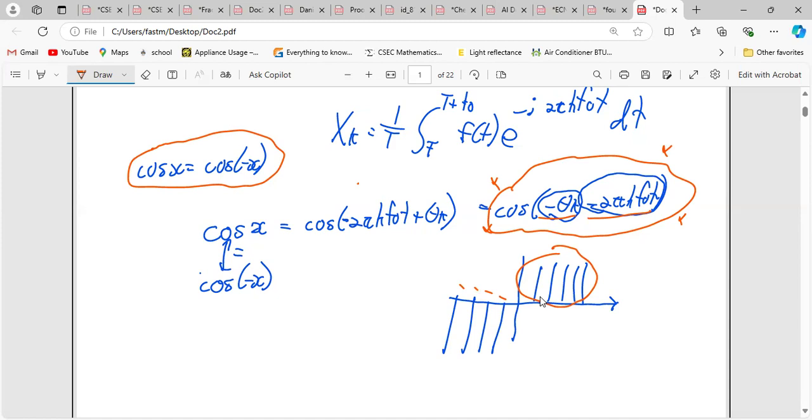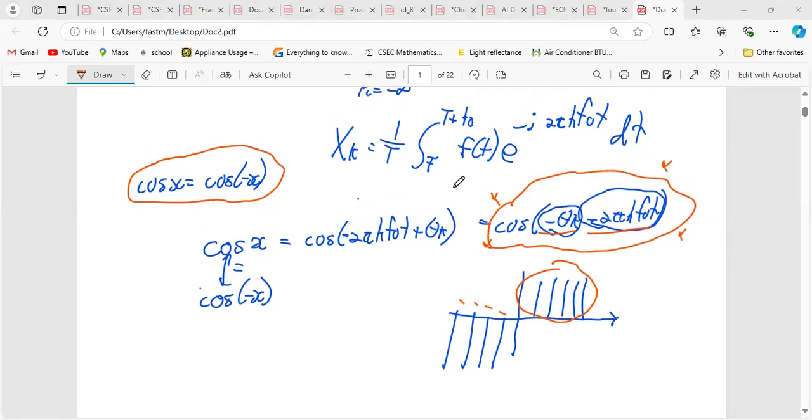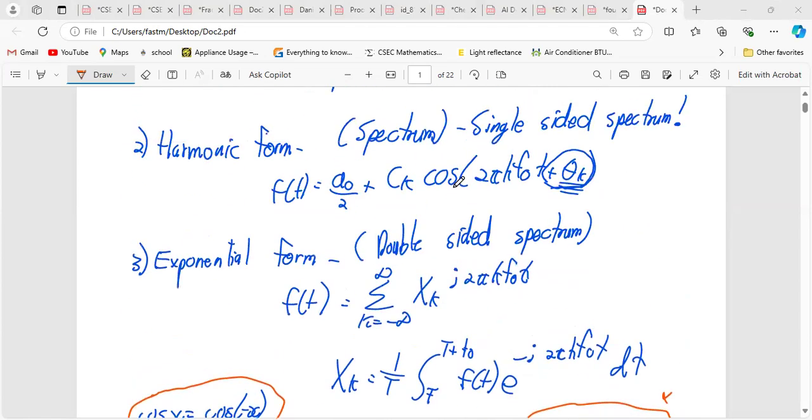So you could technically get the negative, but you don't really use that form. You don't use that form too much because you want the frequencies to be positive, right? So a negative frequency doesn't technically exist. It's like having negative money, right? It's not real.